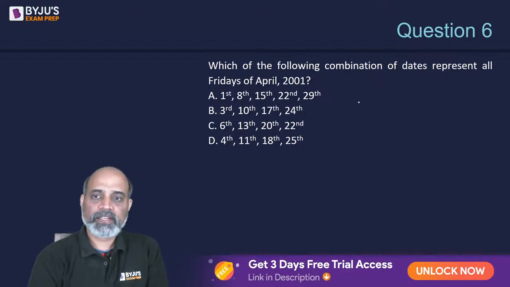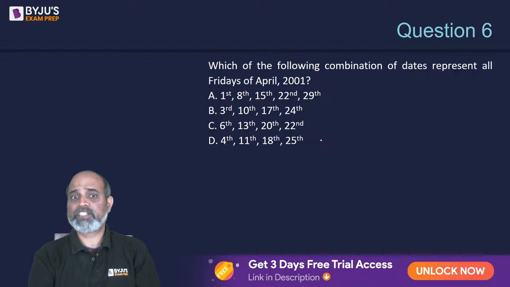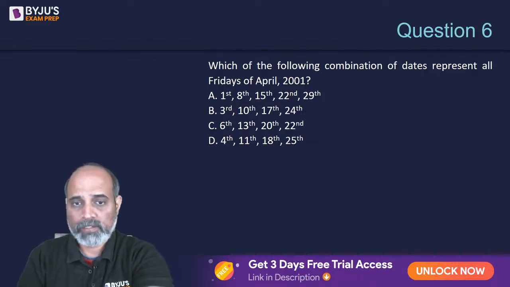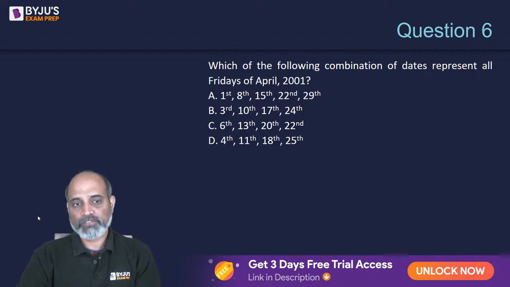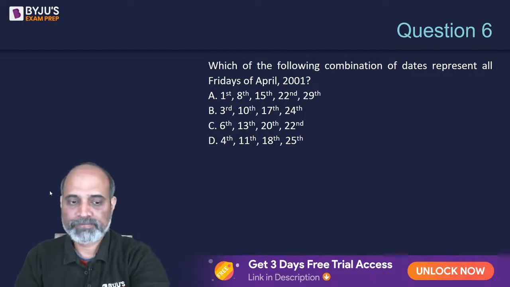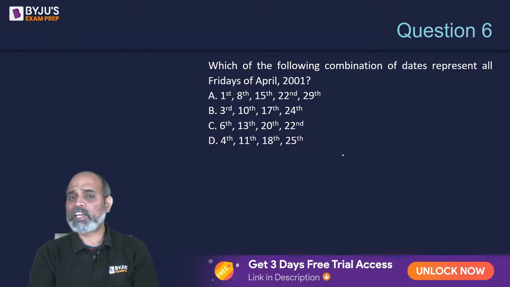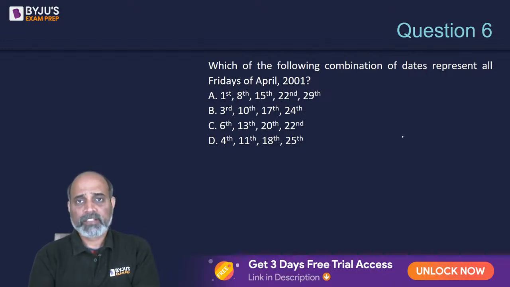Okay. Next, which of the following combination of dates represent all Fridays of April 2001? So we are talking about the year 2001, which means from the current year that we are aware of, we will have to go back to the year 2001. I hope you guys do know that the calendar years repeat, right?